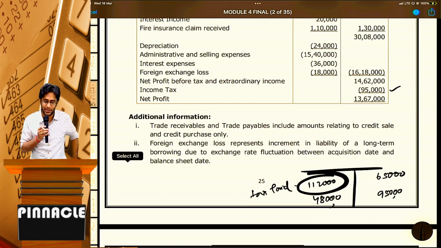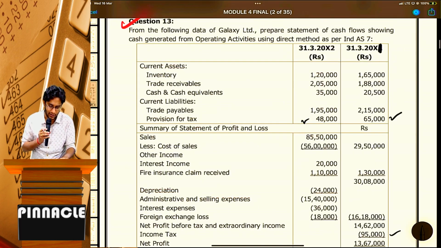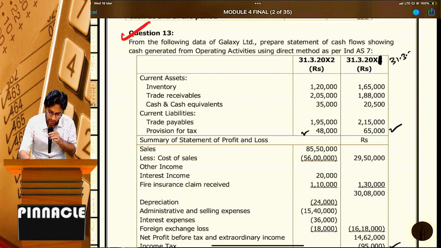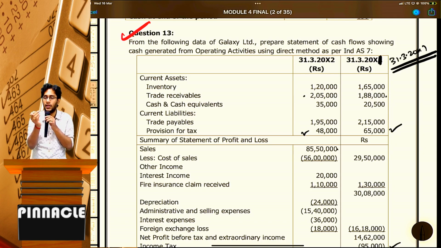He's saying that trade receivables and payables include amounts relating to credit sales and credit purchases only. Even if that line is not there, we'll do that only. Tell me, sir, are you now in a position to do the trade receivables account? Debtors account, sir? This is opening balance, 31st March 2001 only. Correct it now officially. Debtors account has opening balance, closing balance, sales, all credit sales, and you will get the amount of cash collections from debtors.